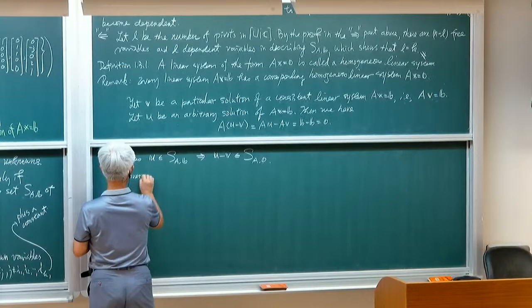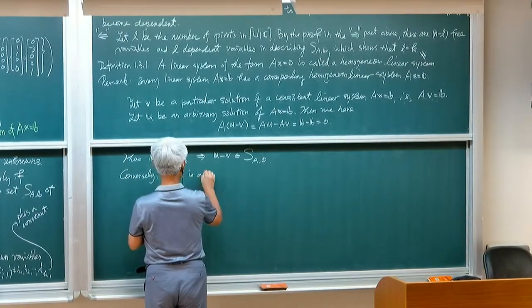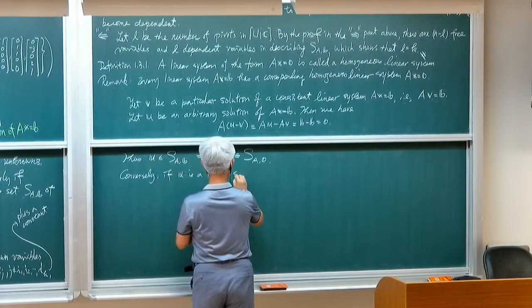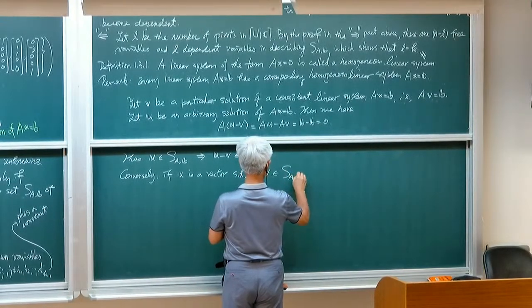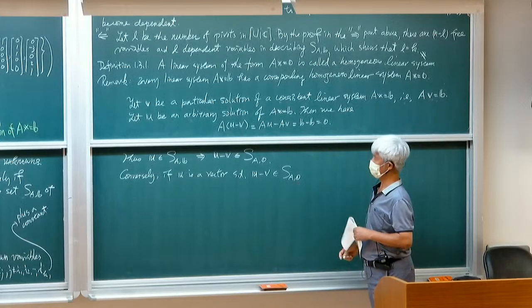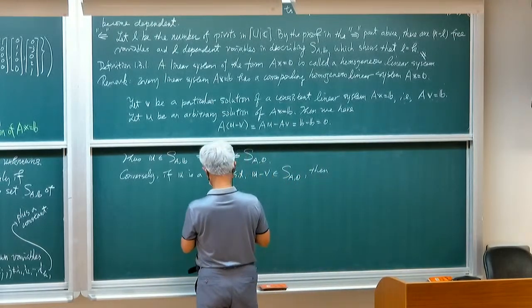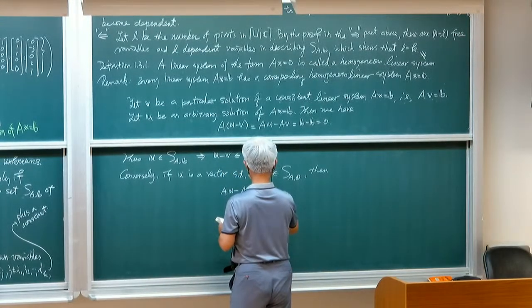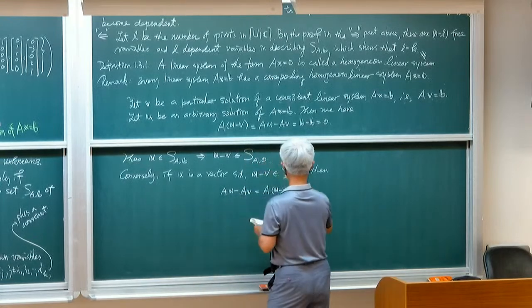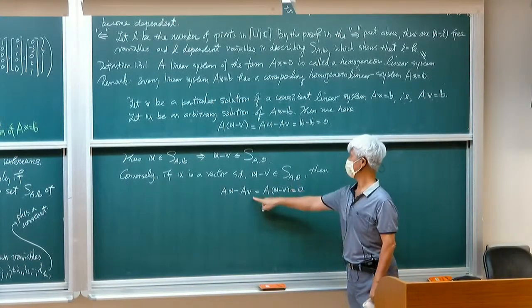Conversely, if U is a vector such that U minus V is in the solution set of the homogeneous linear system, then AU minus AV is 0 because the difference is in the solution set of the homogeneous linear system.